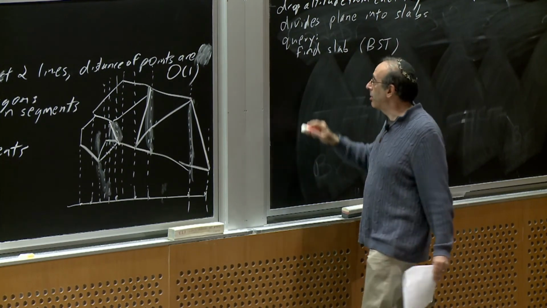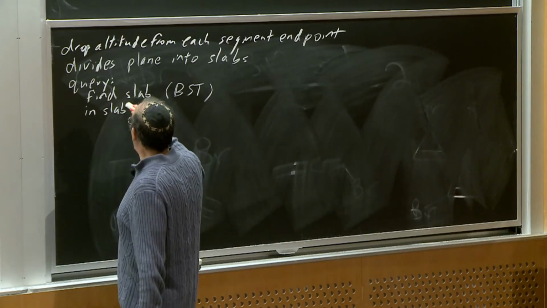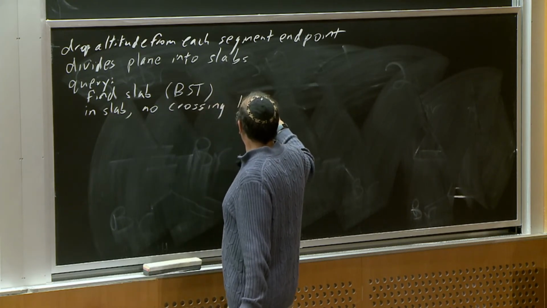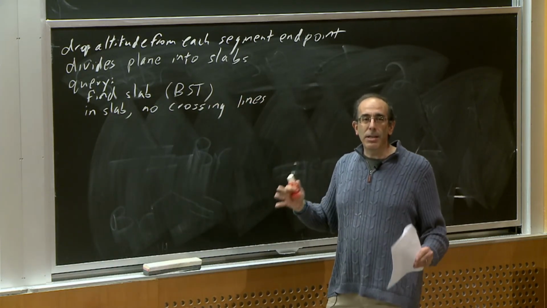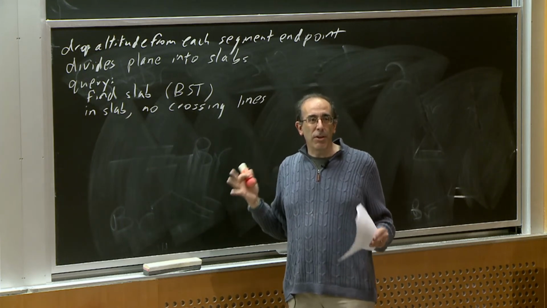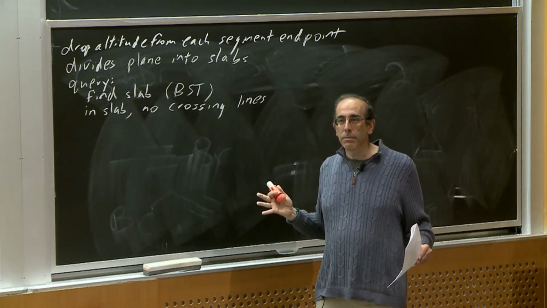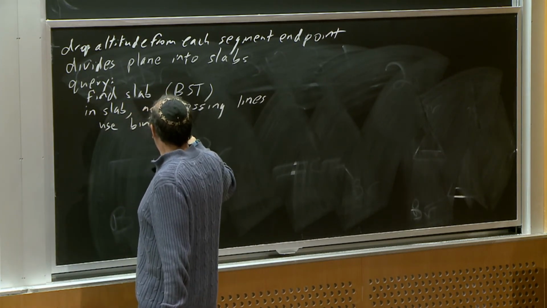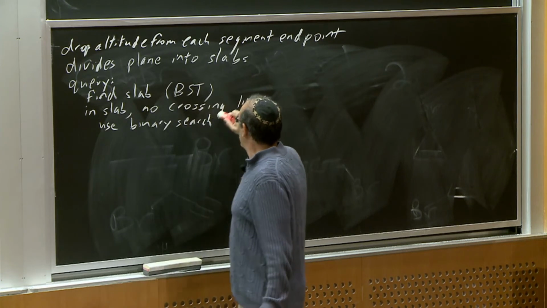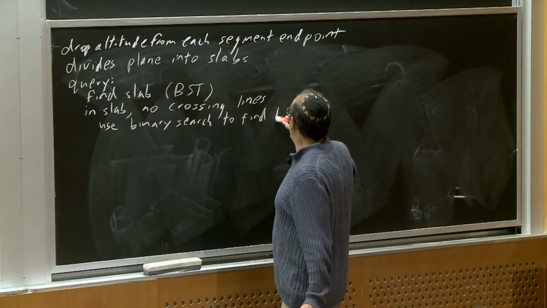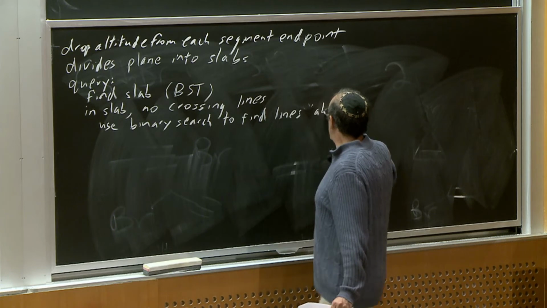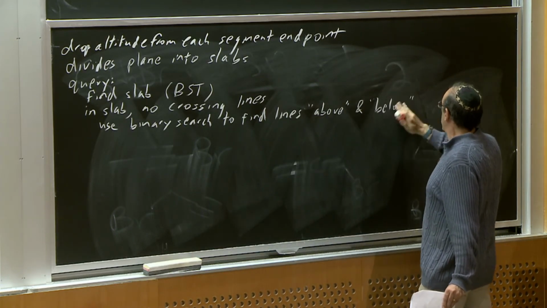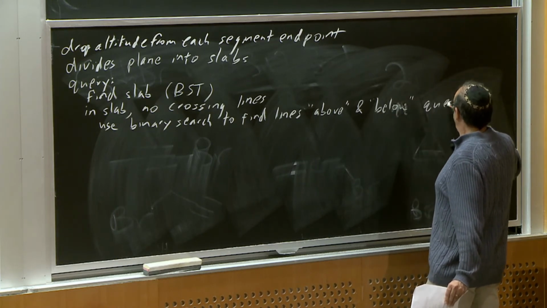I can again binary search. What's critical is that in the slab, there are no crossing lines, which means that every line is either above or below every other line. There's a total order. So I can use binary search to find the lines that are directly above and below the query point.